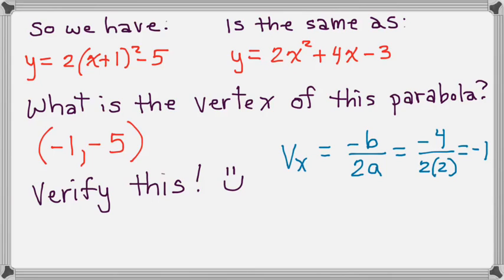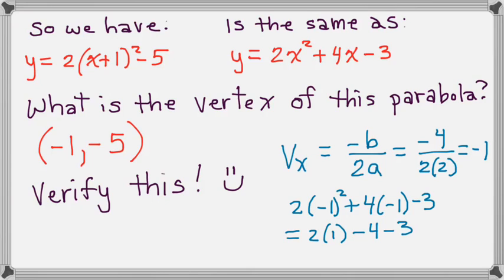So negative b over 2a is negative 4 over 2 times 2, and that resolves to negative 1. Well, that's our x-coordinate. What do we do with that negative 1? We plug it into this equation for y to see what we get. What is y when x is negative 1? So let's do that. 2 times (-1) squared plus 4 times (-1) minus 3.